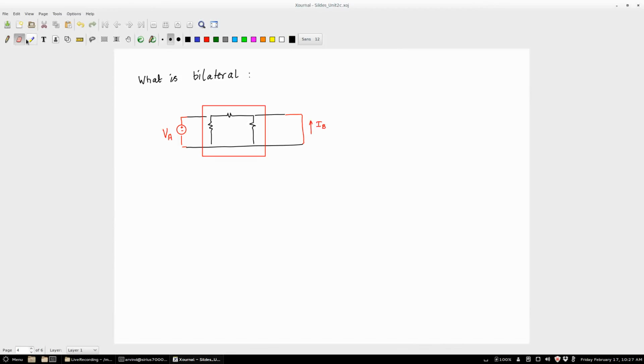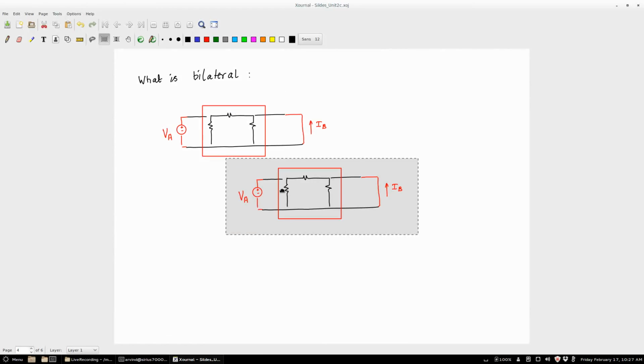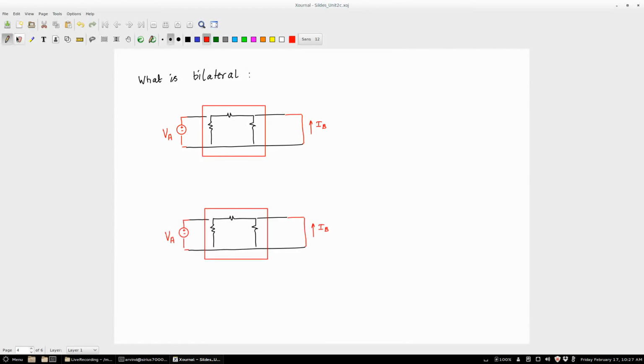And say I energize this with some voltage plus minus. If I energize this with VA, okay, and say a current of IB flows here.